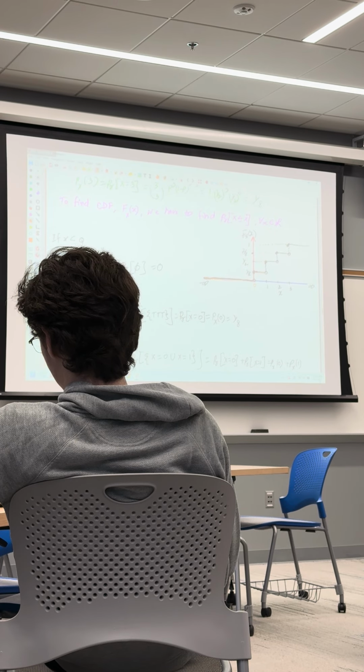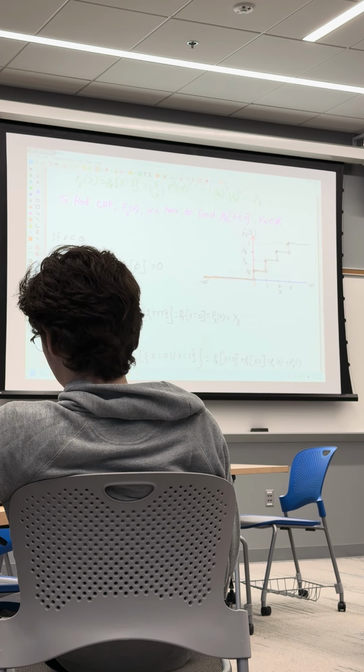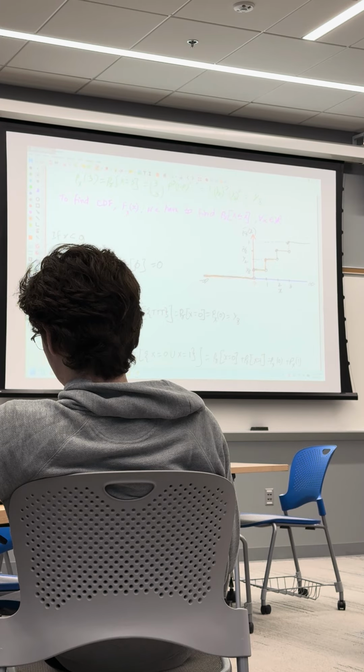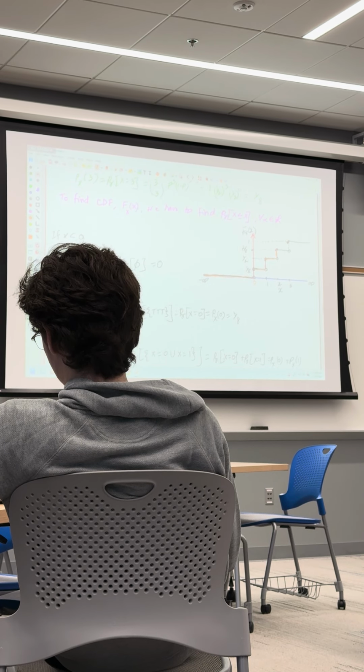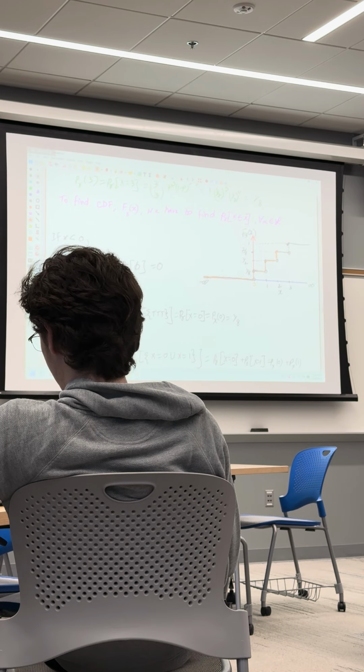When x equals 1, it is going to be 1 half. When x equals 2, it is going to be 7/8. When x equals 3, it is going to be 1, and after that it is going to be 1 all the way, okay?